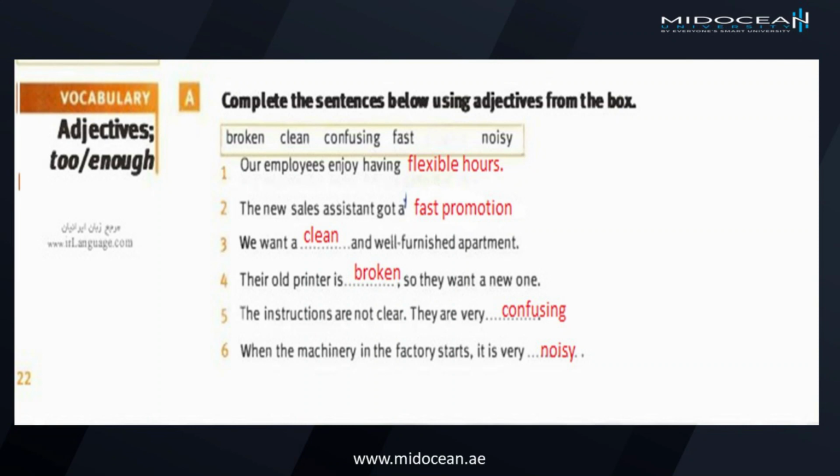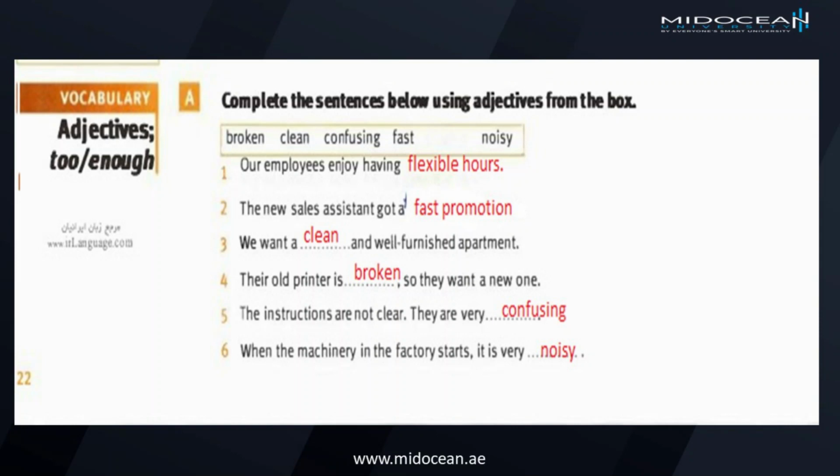Their old printer is broken, so they want a new one. Number 5. The instructions are not clear, so they're very confusing. 6. When the machinery in the factory starts, it's very noisy.